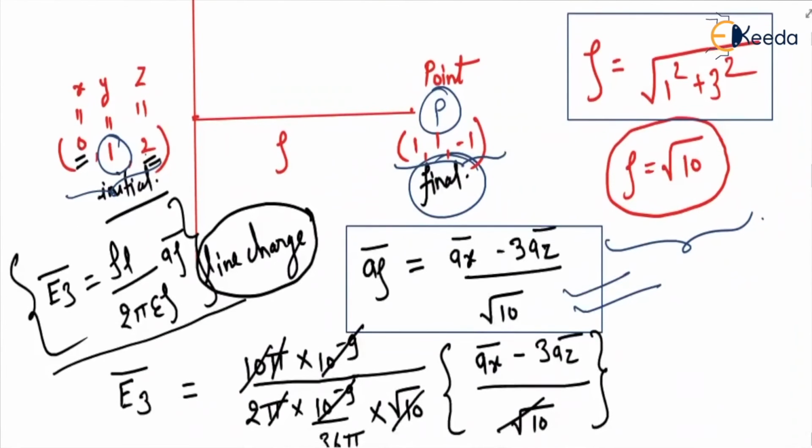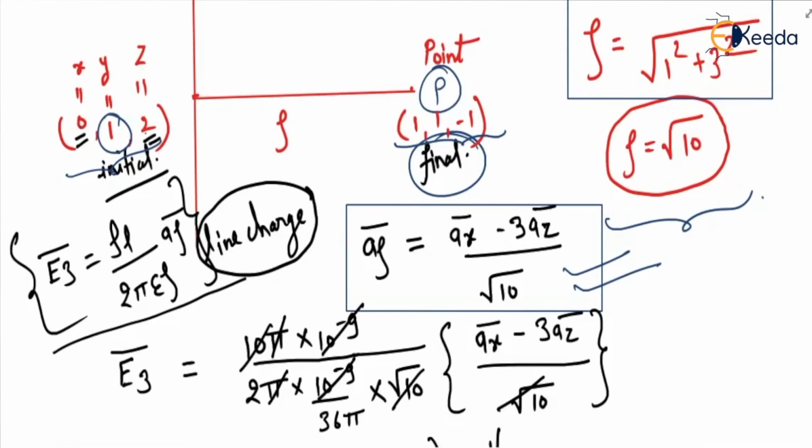So E3, the electric field due to an infinite line charge, is rho_l upon 2π epsilon rho a_rho. Rho_l is the line charge density, given as 10π nanocoulomb per meter.